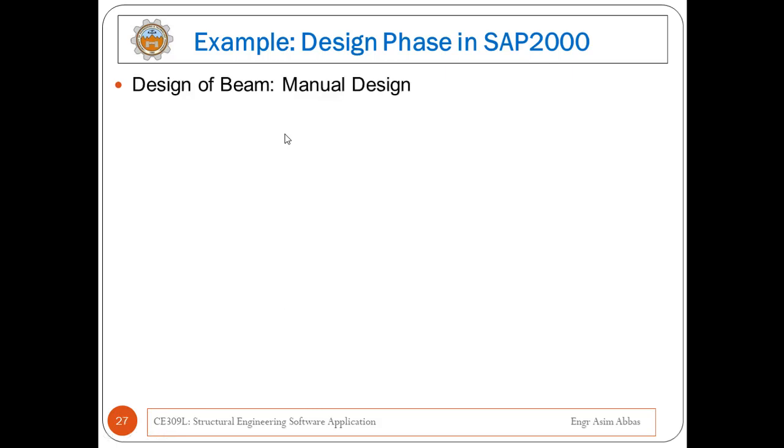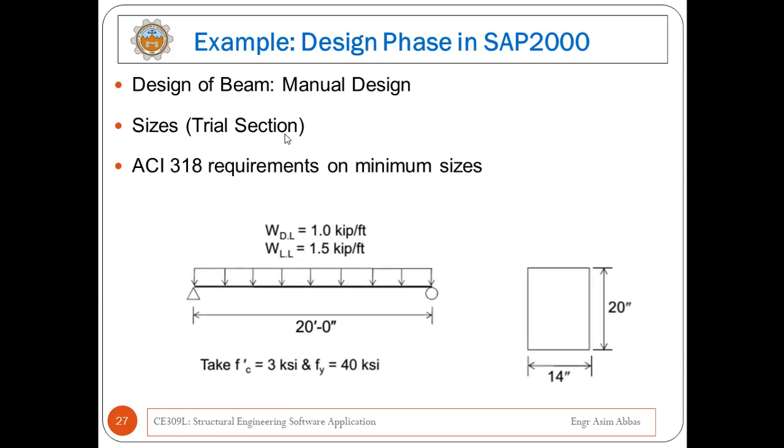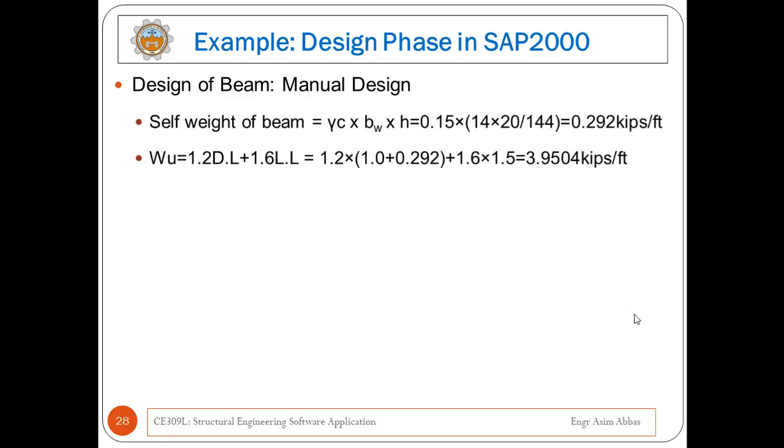Okay, now manual design. Firstly, the sizes or the trial section will be decided as per the ACI code. Let's suppose I choose this as a trial section having 14 inches width and 20 inches height. Then I will calculate the self weight of the beam and other loads.